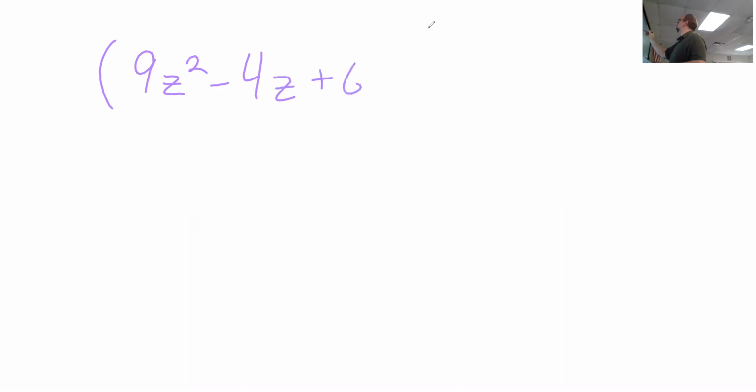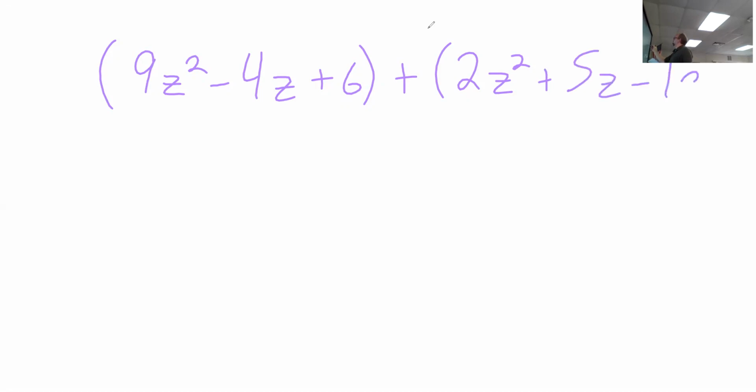Next example, we've got (9z squared minus 4z plus 6) plus (2z squared plus 5z minus 10).